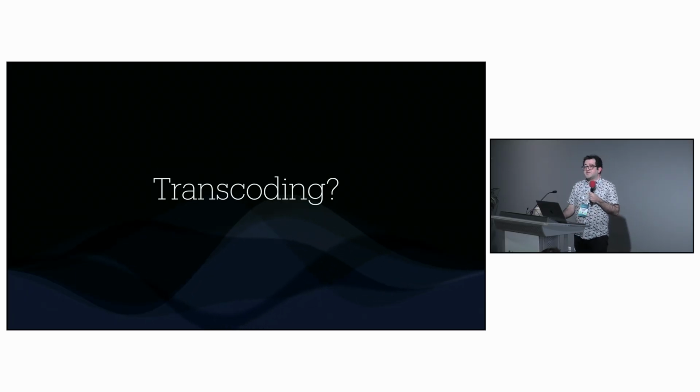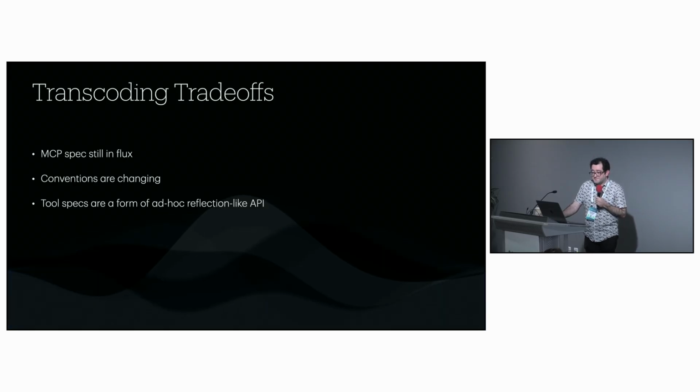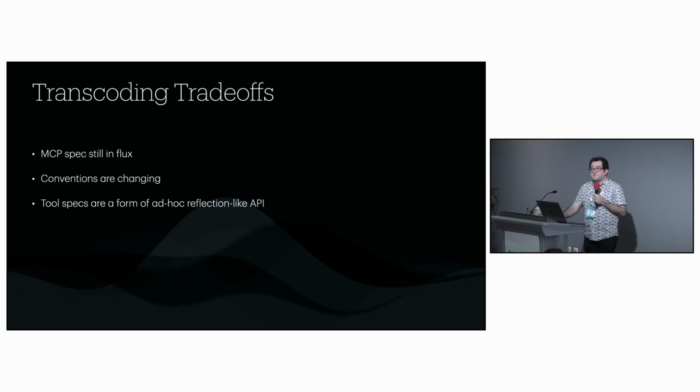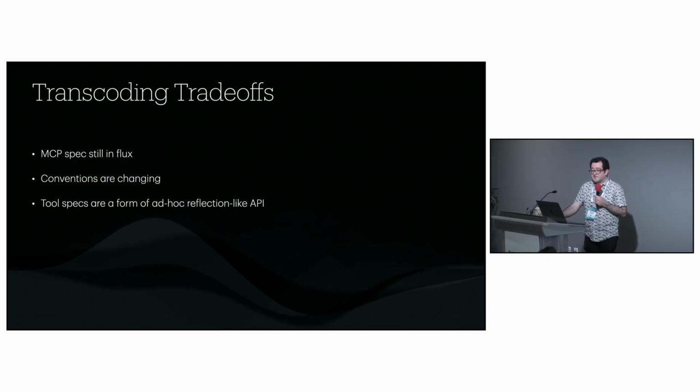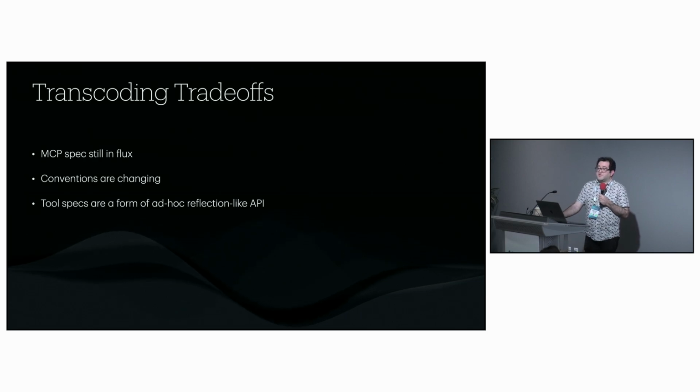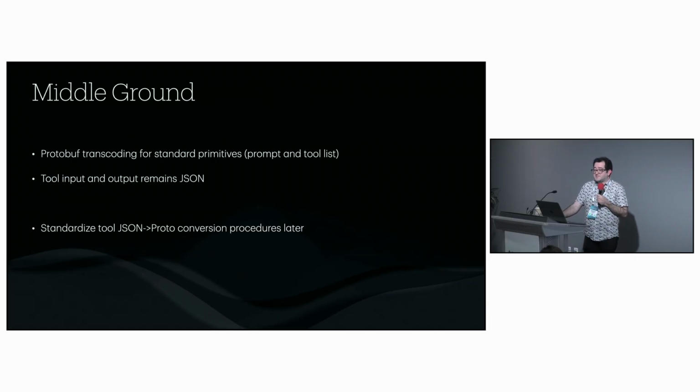So do we need transcoding in that context to map the MCP request and responses? What are the trade-offs here? Well, one trade-off is if we define a transcoding spec today, the MCP spec seems to be in flux. So that transcoding might not be the best thing for the future, and the conventions are changing. So maybe in the future, it makes more sense to have a full transcoding standard, but it might make sense to do something as a middle ground.